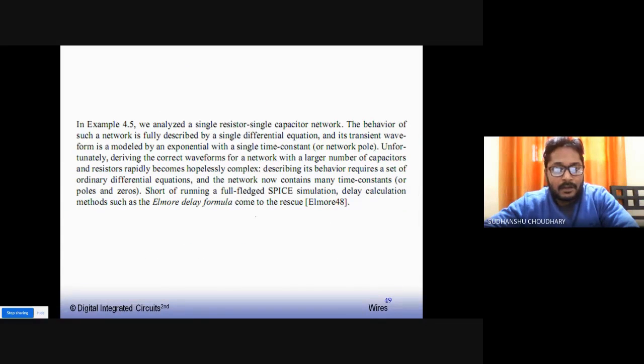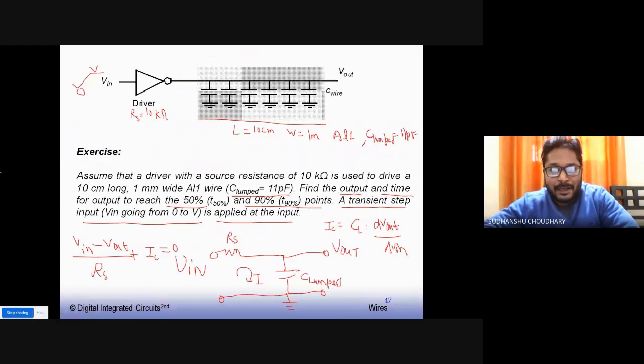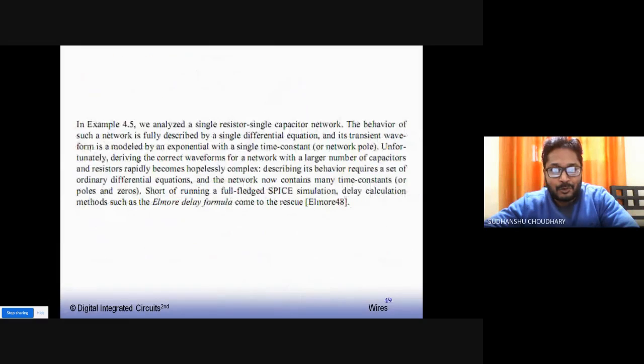Now in this situation we had assumed that the wire has no resistance, right? So imagine if there is a resistance in the wire, so let's say I have now the circuit modified as this circuit. So I have many time constants, that is RC, in this circuit.